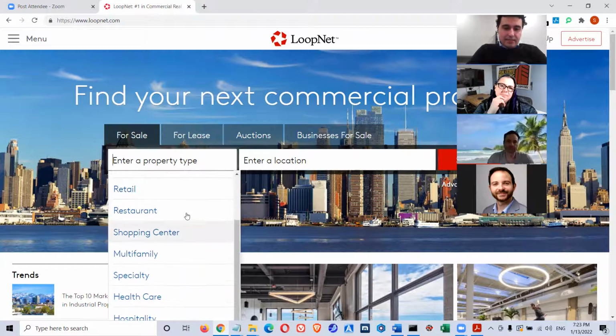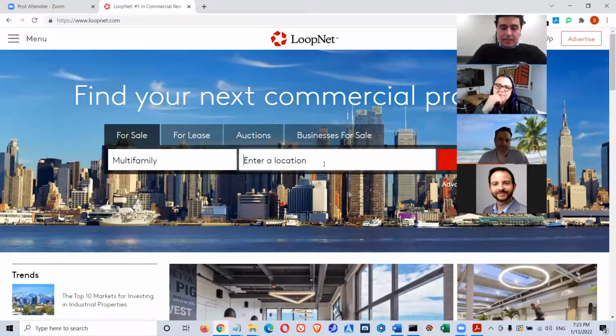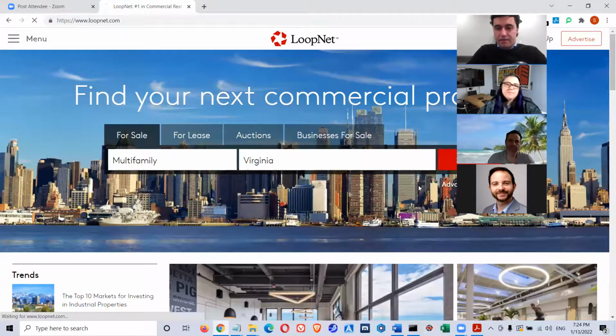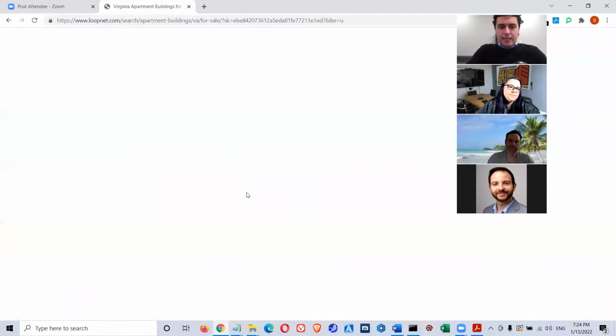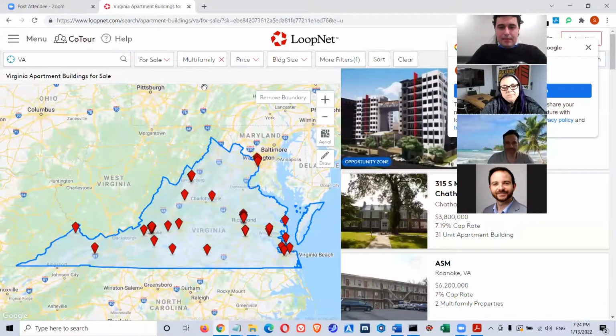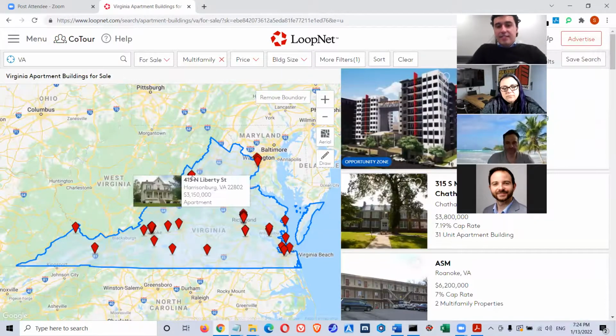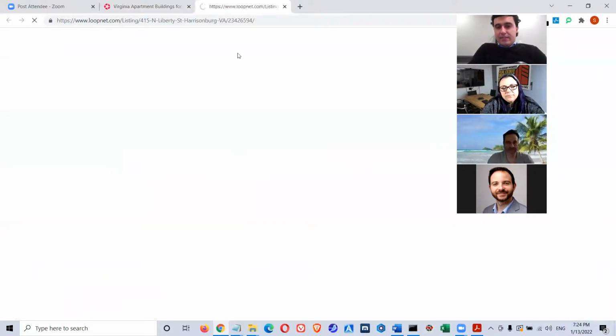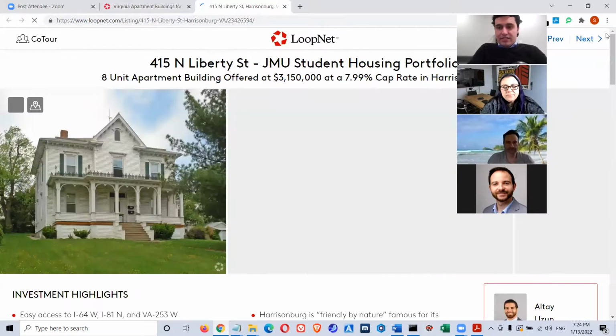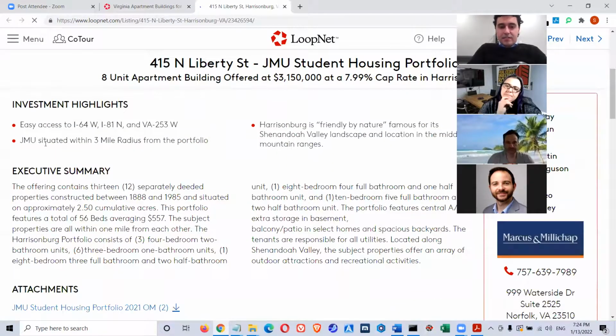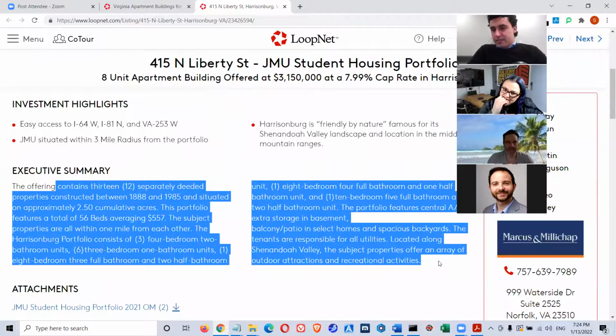Okay, look, I think this is a good example. If we take multifamily in, I don't know, the state of Virginia or something, then on WhoopNet, it happens that much of the information is literally a summary they've written out about the property.